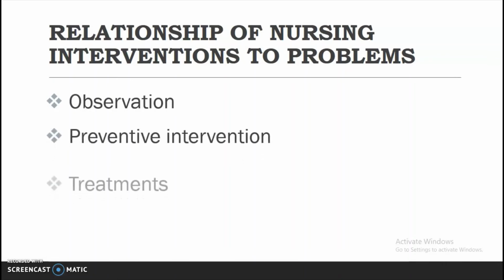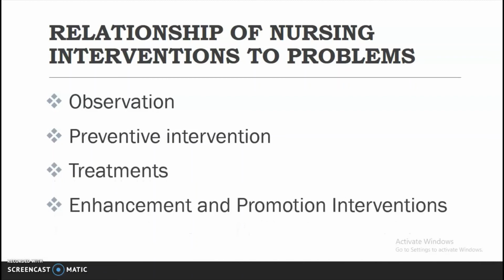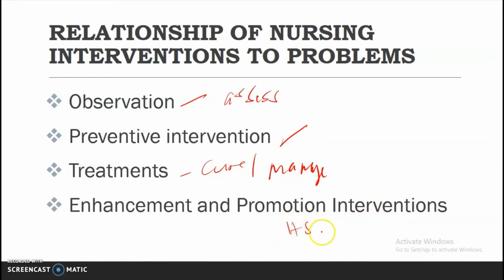So, observation, preventive intervention, treatments, and enhancement and promotion interventions. So in terms of the relationship of the interventions to the problem, okay, we have to take note that we have to include nursing interventions that will assess the presence of the problem, prevent the recurrence of the problem, that will cure or manage the condition, and of course that will promote the client's overall health status, okay.